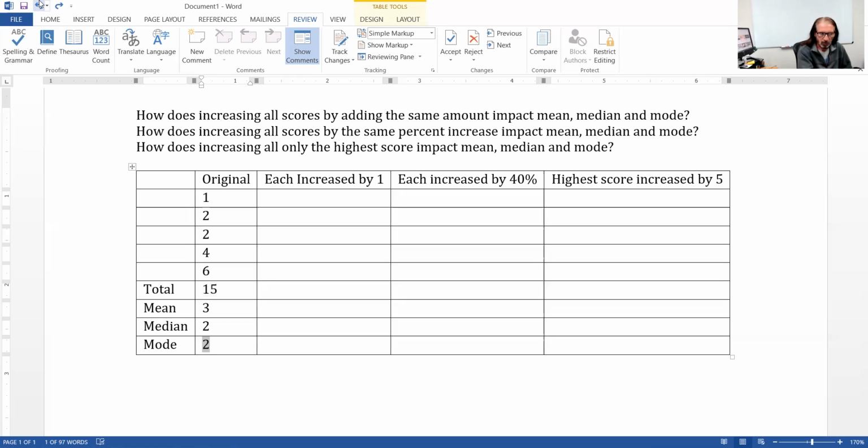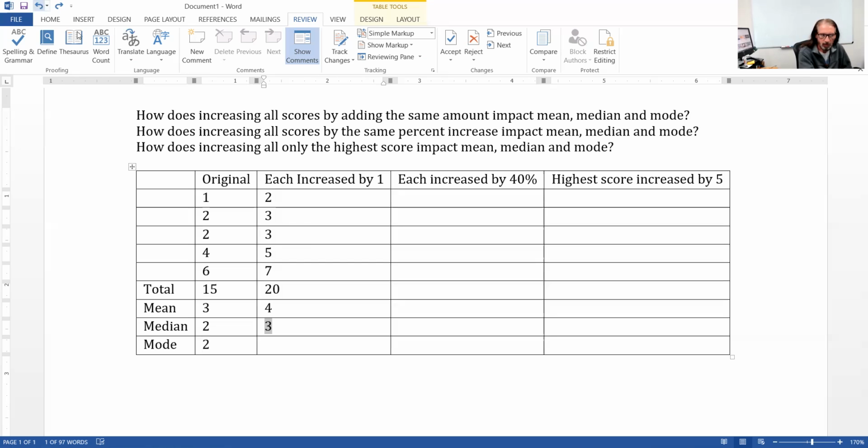Now, if we increase all the scores by 1, here's what we have. And the new total is going to be 20. So still dividing by 5, we've got a mean of 4. The 3rd score is still going to be the median, so that is 3.